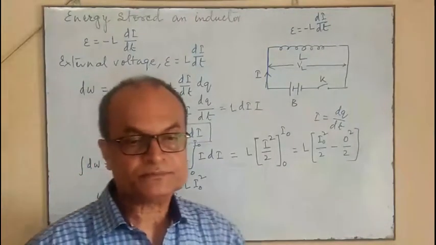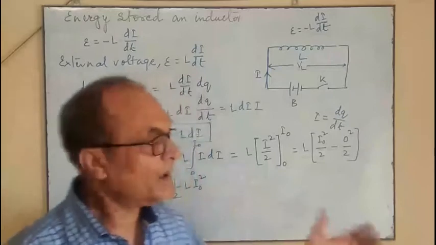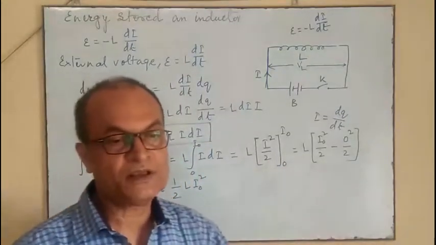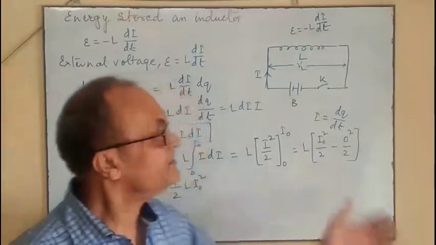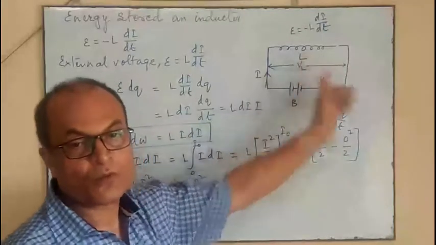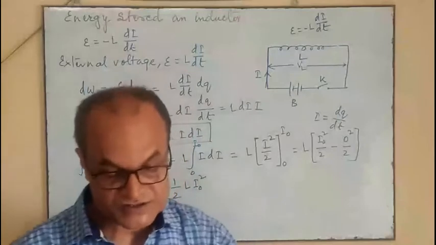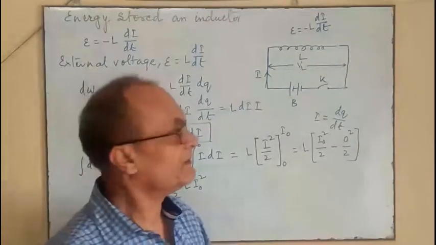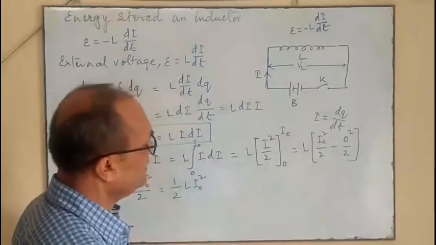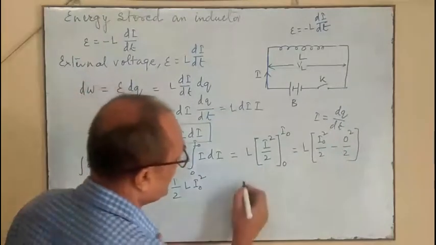So the work done in increasing the current flowing through this inductor is the magnetic potential energy, which will be denoted by U here.